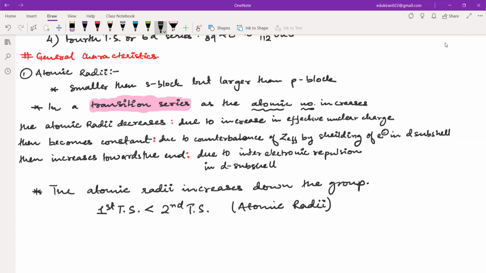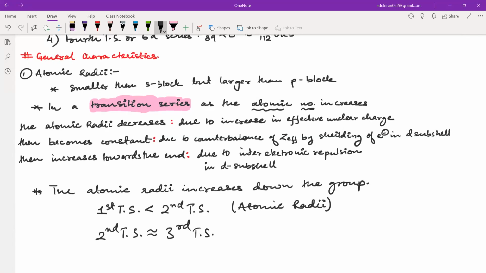But when I compare the second transition series to the third, the third is greater, but the difference between the second and third is very, very less. So you can say that they are almost equal.